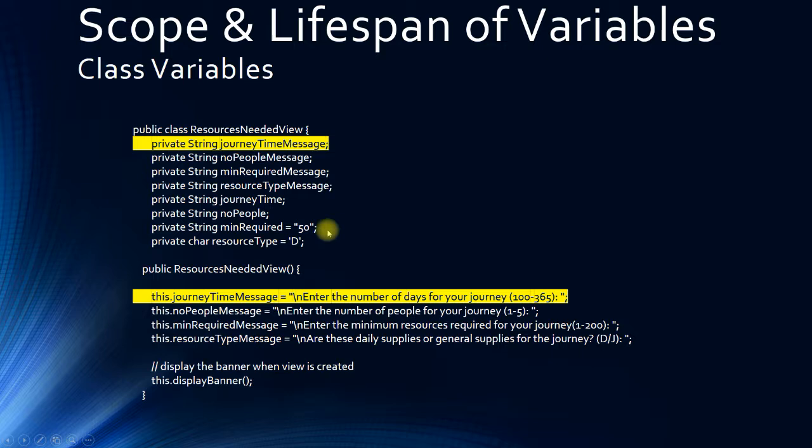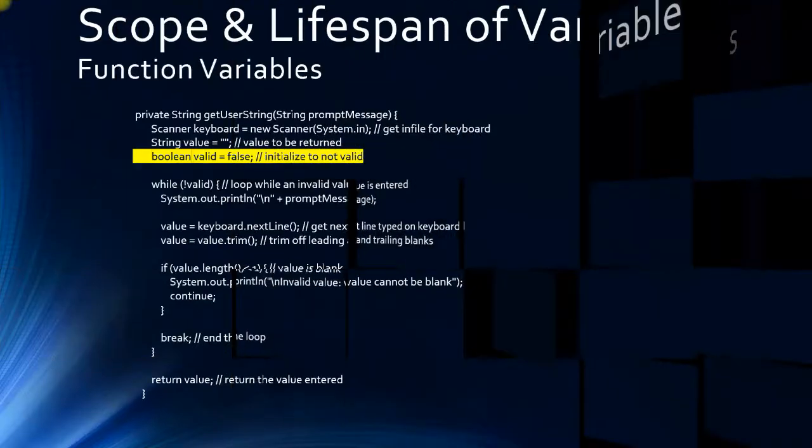So for each instance of an object of the class, it would have these variables.